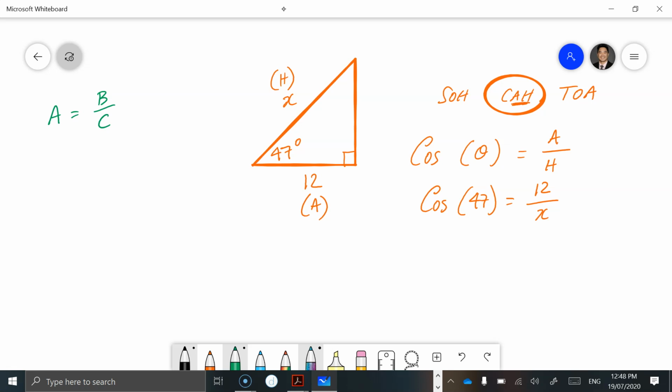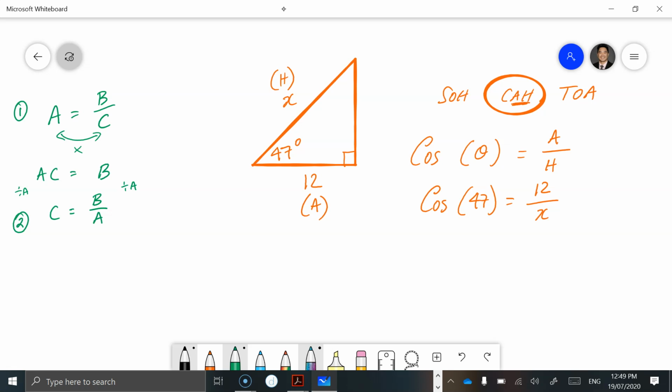If we multiply both sides by C, we can say that A times C is equal to B. And if we make C on its own and divide both sides by A, we can say that C is equal to B divided by A. Compare the two equations and you'll notice that A and C have been switched around.